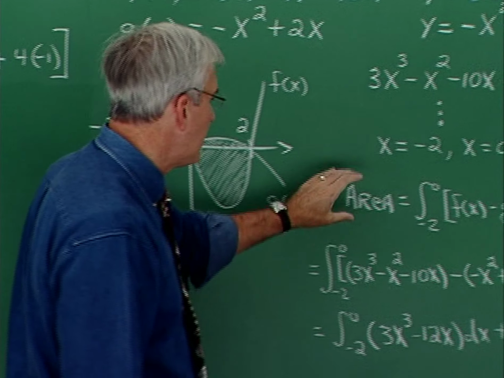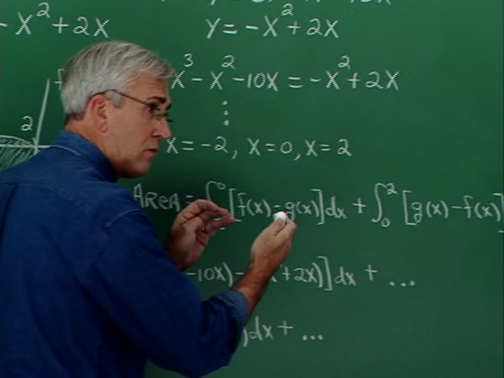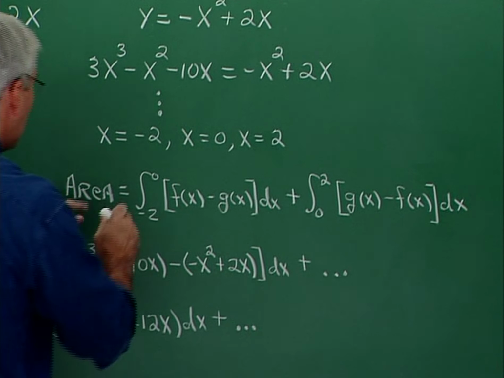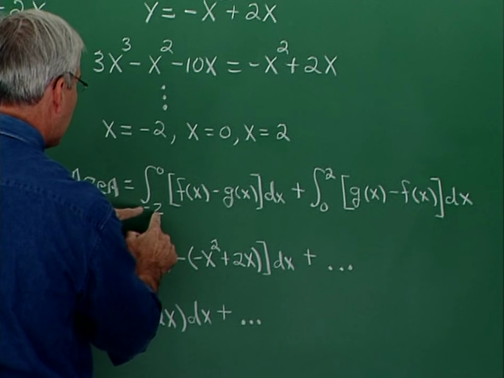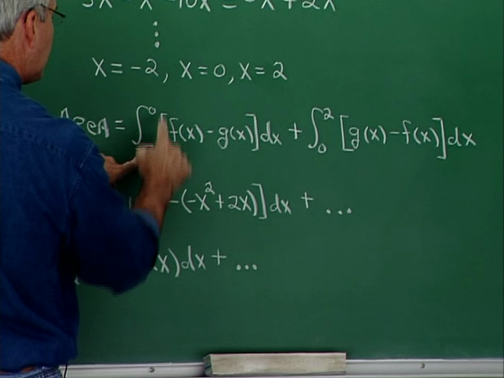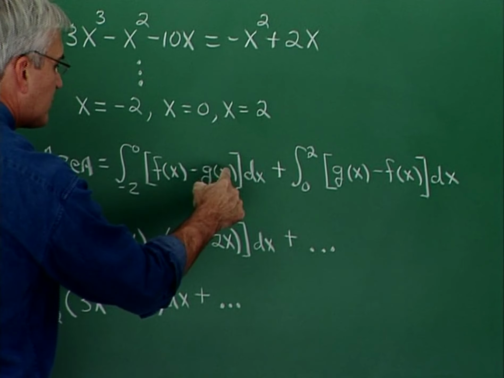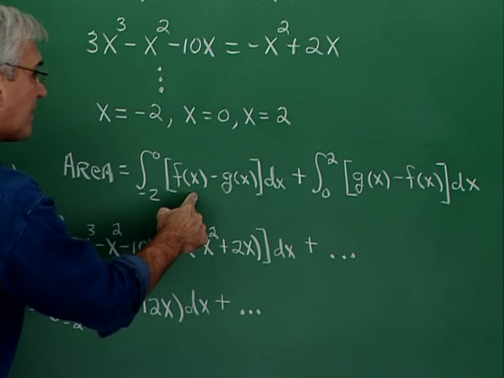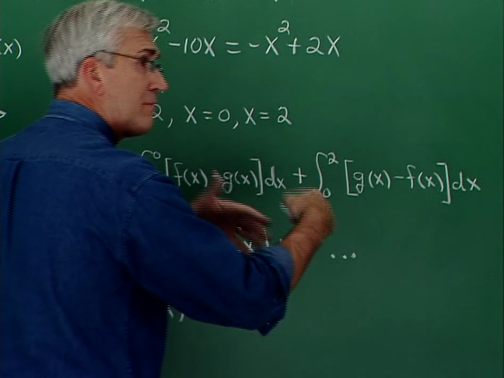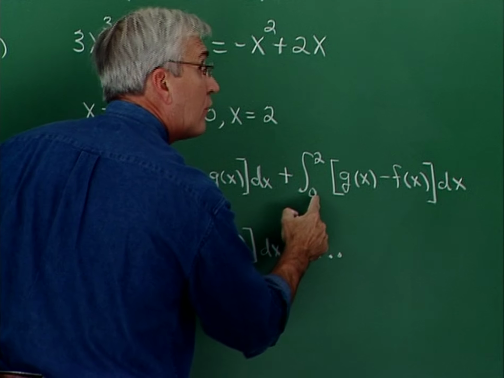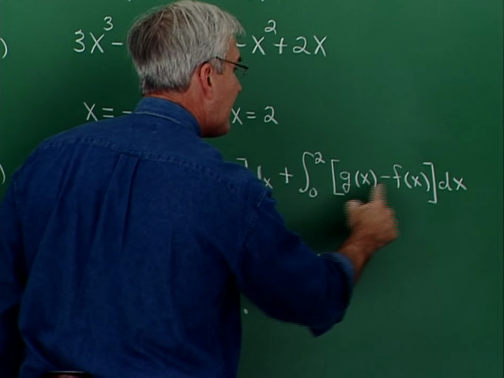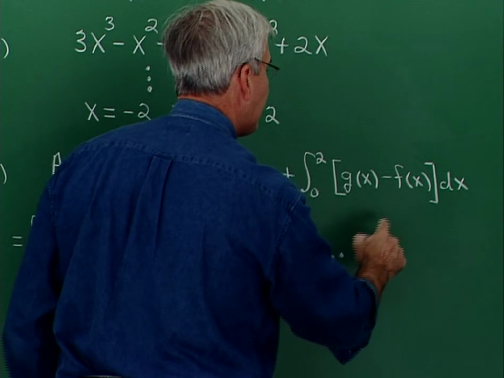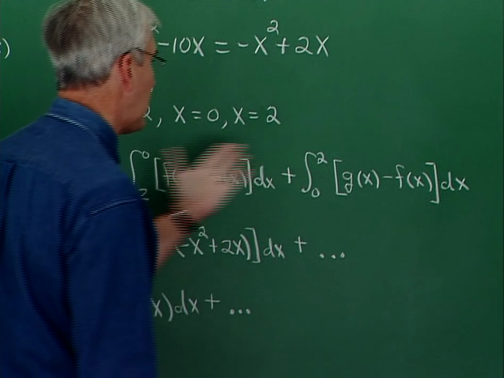We say, well, the area is found by adding the two separate areas within those two intervals. So it's the area in the interval from -2 to 0 of f of x minus g of x, because f of x is the top function. You see, it's the top graph. And then we're going to add the area given by this integral in the interval from 0 to 2 of g of x minus f of x, because the g function has a graph which is above the f function in that interval. So that's how we proceed.